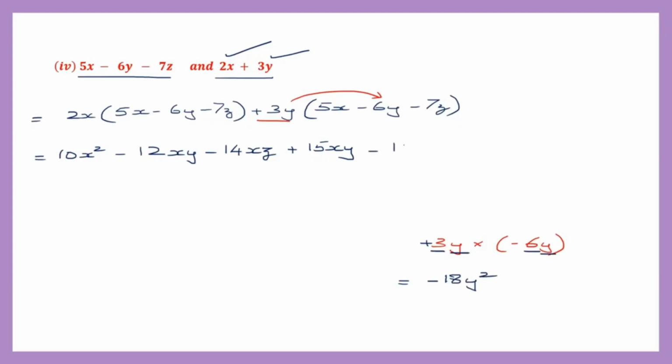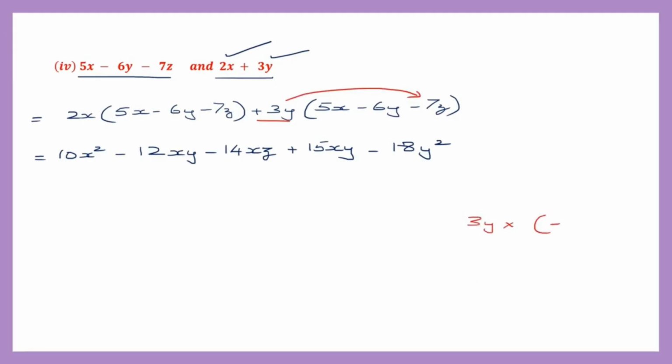So minus 18y square. Now 3y into minus 7z. So here it is plus, so plus into minus is minus. Then 3 7s are 21. 1y, 1z is yz. So this is minus 21yz.